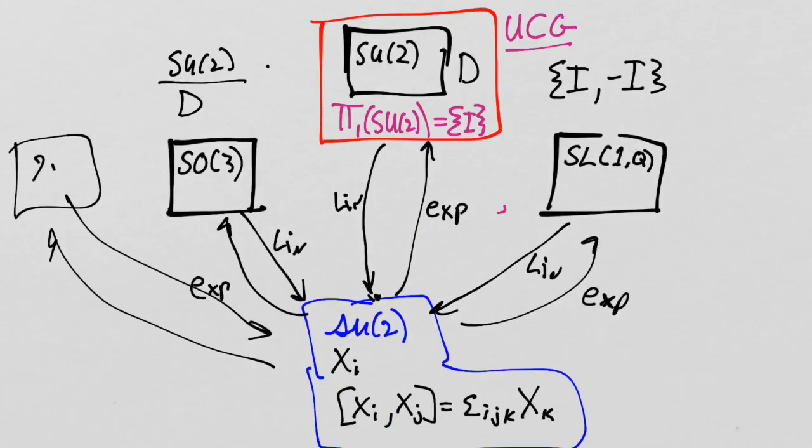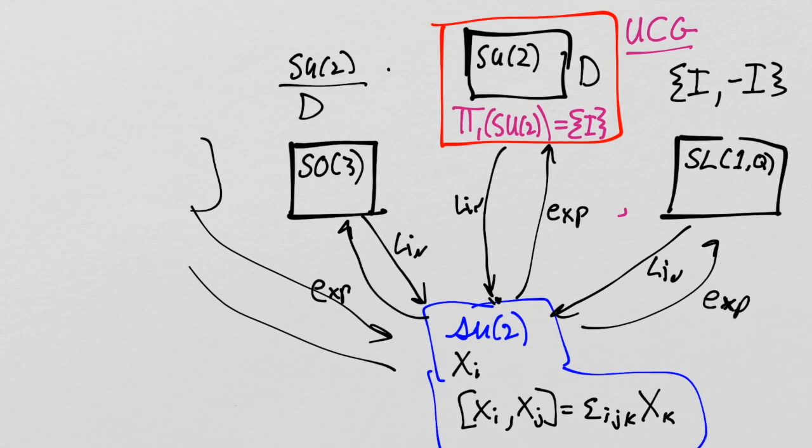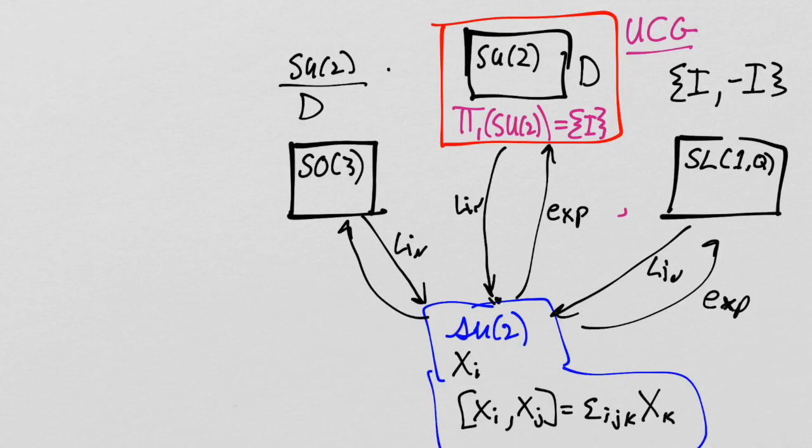So we go back to this picture, and we say, all right, so what have we got? Well, there are no other groups out there, right?